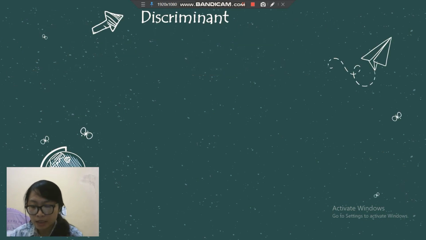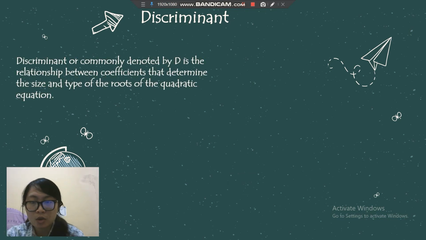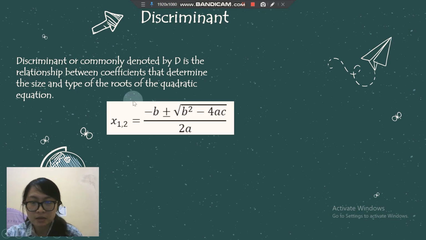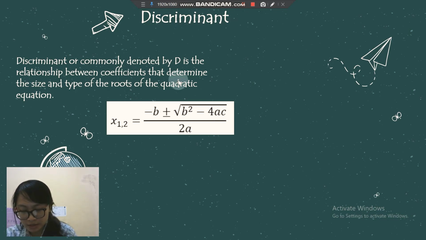From the ABC formula, we can know a new term, that is discriminant. Discriminant, commonly denoted by D, is the relationship between coefficients that determines the size and type of the roots of the quadratic equation. This is the ABC formula, and the discriminant is this: b squared minus 4ac.